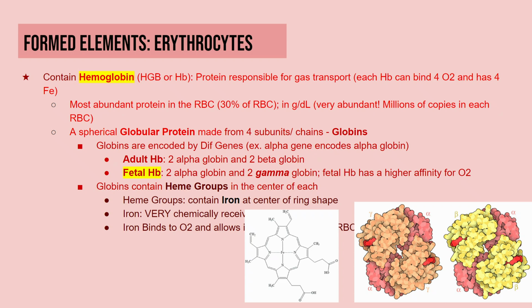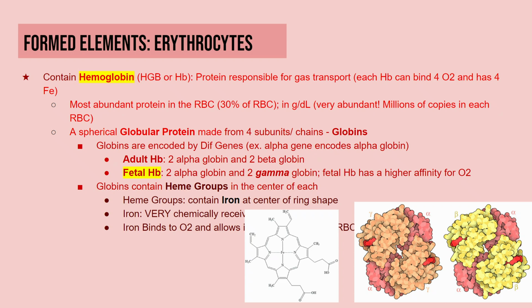The way that red blood cells can transport these gases throughout the body is because they contain hemoglobin, which is a protein that is responsible for the gas transport. Each hemoglobin contains 4 molecules of iron, and each molecule of iron serves as a binding site for oxygen.